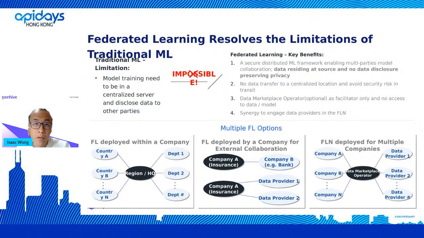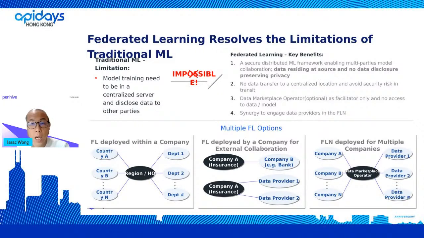Luckily, with the advance of technology, we have federated learning coming into place. Federated learning, in short, is a distributed machine learning network that can enable data collaboration or model training while the data is residing at the source. There's no need to centralize that data.